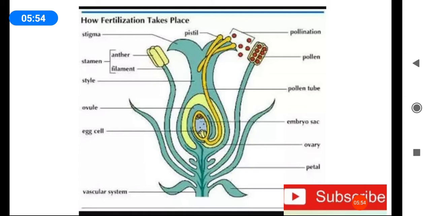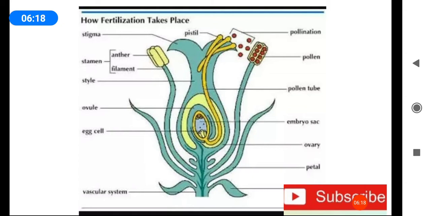So through this pollen tube, the male gamete is transferred. So the male gamete from the pollen grains is transferred to the ovary. So the male gamete reaches the female gamete inside the ovary.